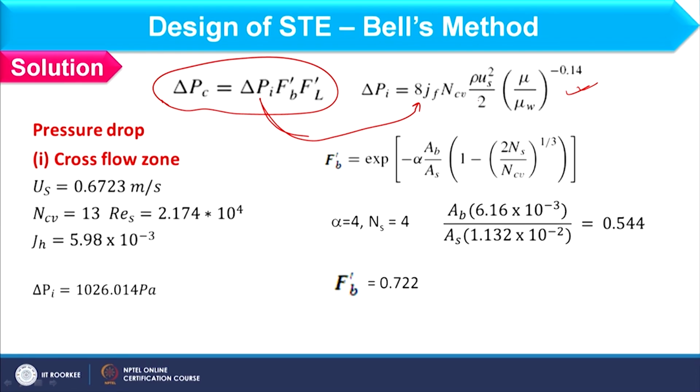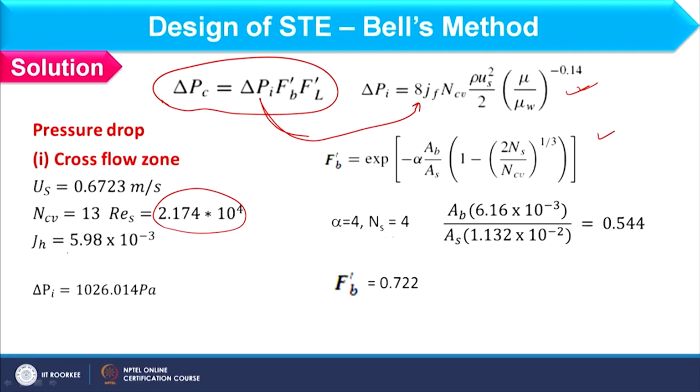Here US you already know, NCV is 13, the Reynolds number you can obtain like this, and then you can find the JH value as shown over here. Depending upon this you can find the delta Pi value as 1026.014 Pascal, right.